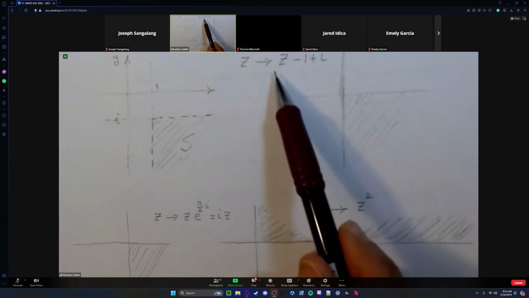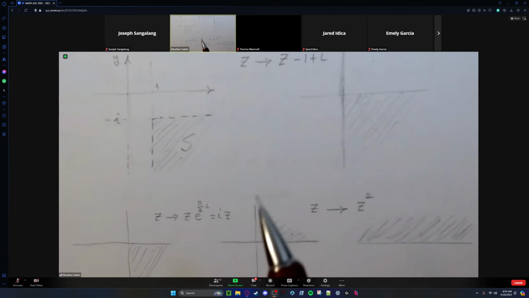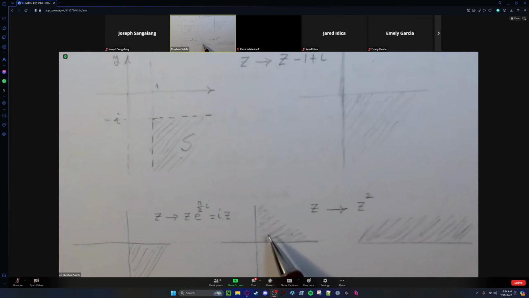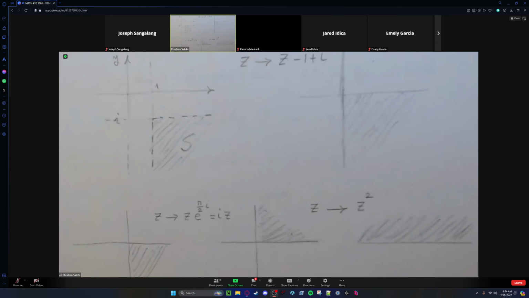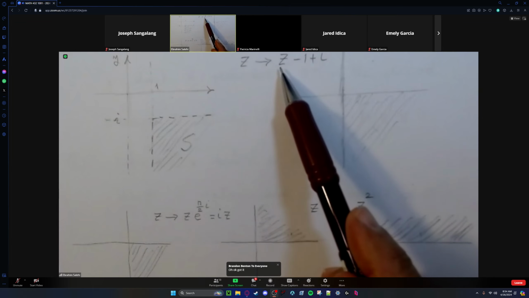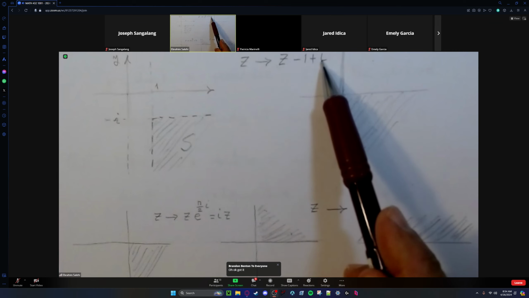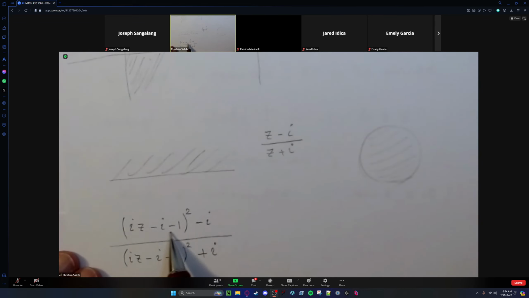If you want to go from here to this one, first you translate, then you multiply by i, so it will be i times the whole thing. So it will be iz minus i, and i squared is -1.